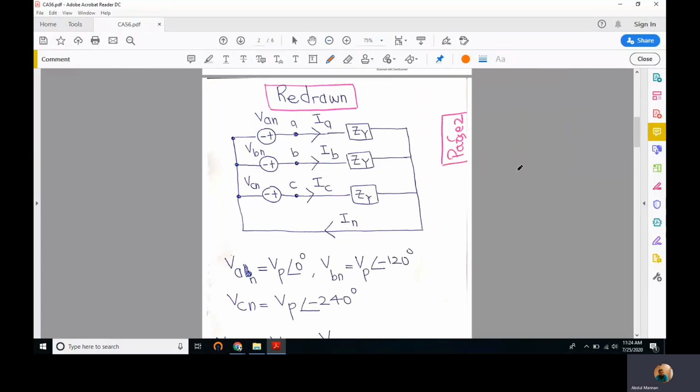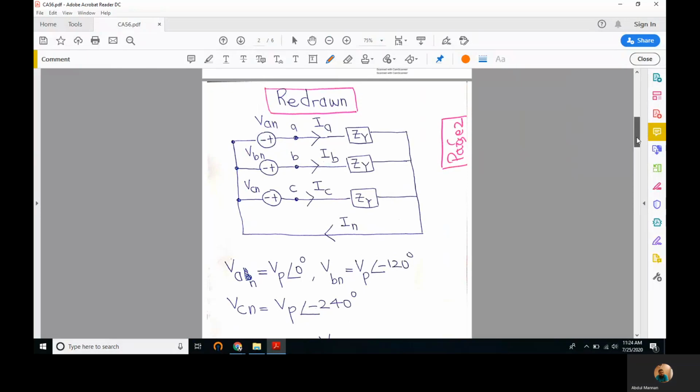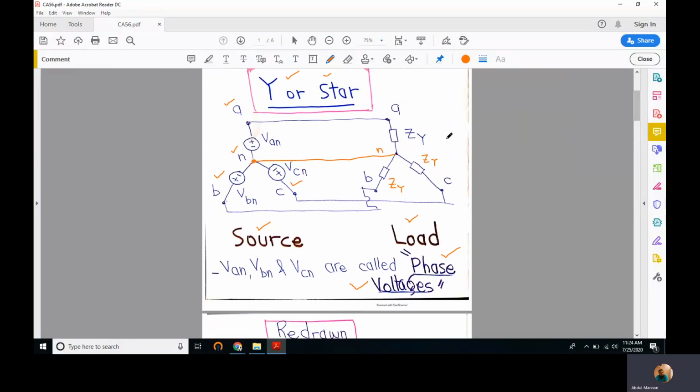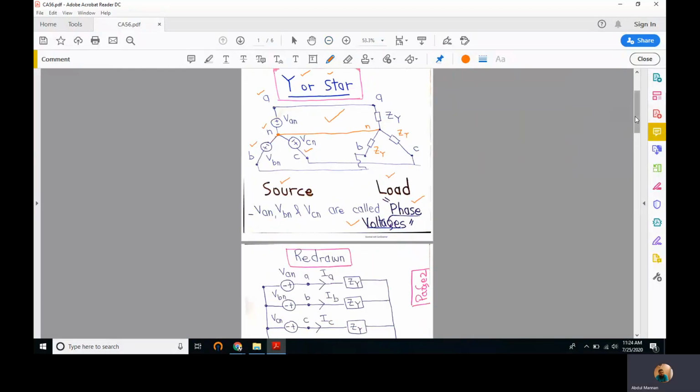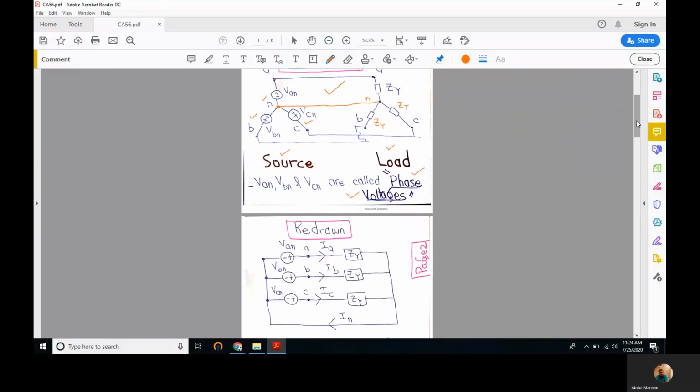The same circuit that we drew here can also be redrawn like this. Between A and N, the source is placed in a different way, with the positive terminal on the right side and negative on the left side.